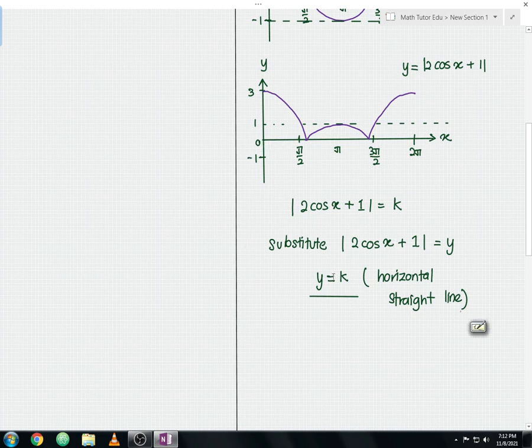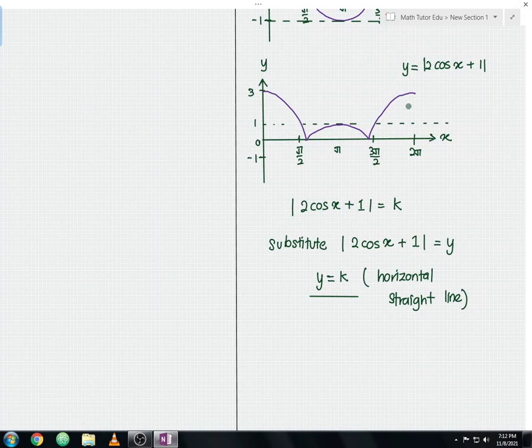We need to find the range of k such that it fulfills the 4 solutions. What does 4 solutions mean? The intersection between the horizontal straight line and this trigonometric curve should be 4. You must have 4 intersections. If you don't have 4 intersections, it is not fulfilling the range required by the question.